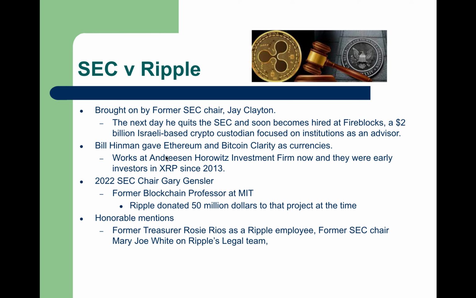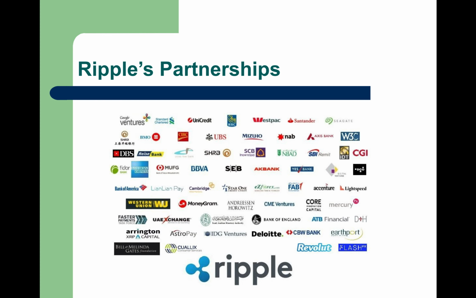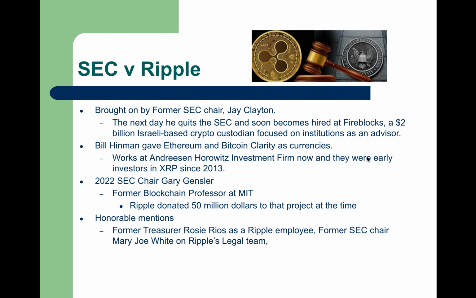It was up to him, like he can make the calls on what's a currency and what's not, back in that time. And he gave Ethereum and Bitcoin clarity as currencies in a famous speech. But he never gave that to Ripple. But it's funny because now he works at Andreessen Horowitz investment firm. Remember we saw Andreessen right here, Ripple partner. And now they were early investors in XRP since 2013, so makes you wonder.